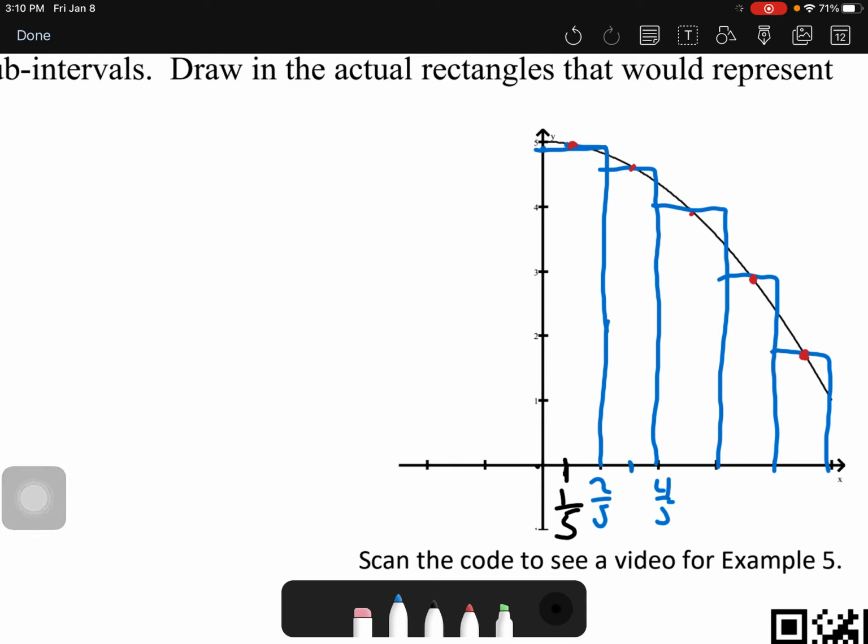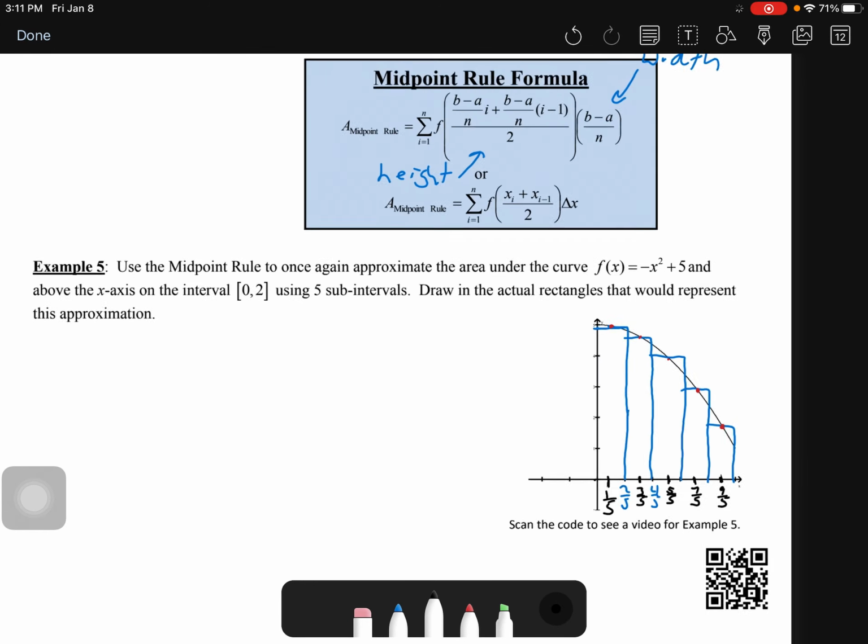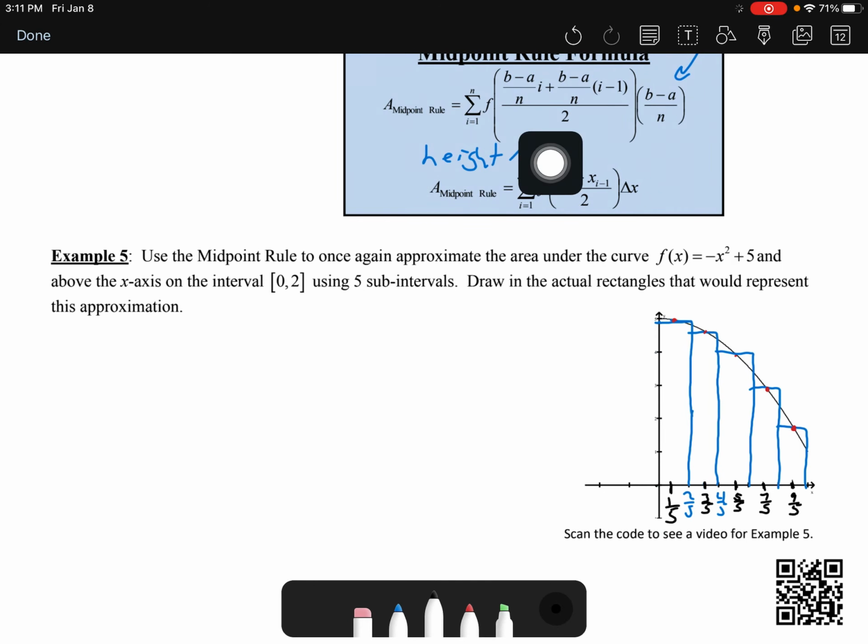So that would be at 1/5, and then in between 2/5 and 4/5, that would be at 3/5. And in between here, this would be at 5/5 or at 1. In between these two, that'd be 7/5 in the middle there, and in between here, this would be 9/5. Okay, so that's really what that midpoint formula is telling us to do.